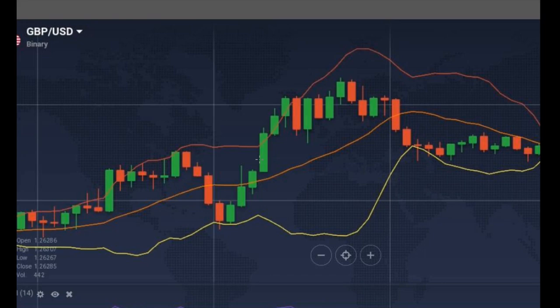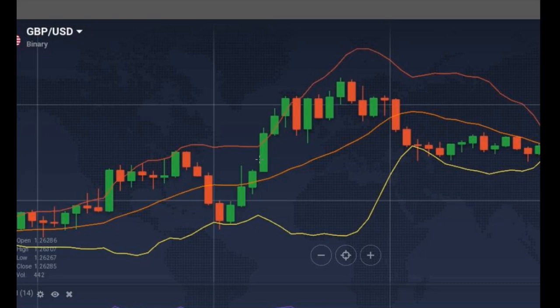Okay, so that will be all for today, and I trust that you guys have learned something new today, and I trust that you are already deciding on your best time frame. We did 5 minutes the other day, and then today we are doing 15 minutes expiry. So the higher we go, the more risk averse it becomes.